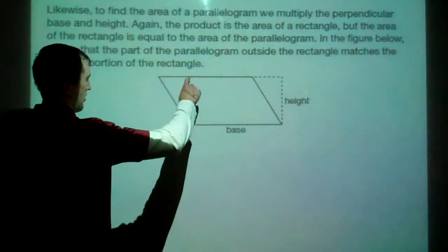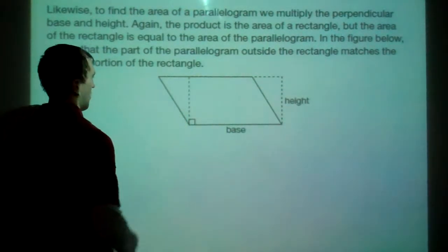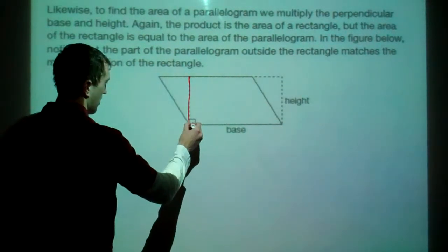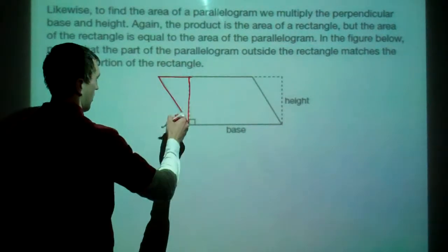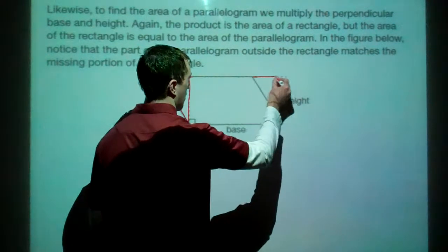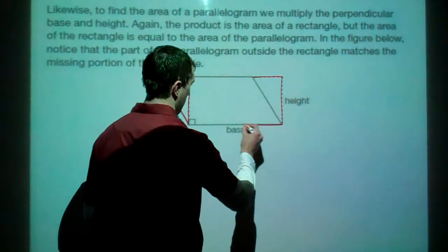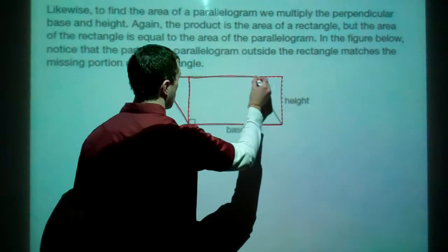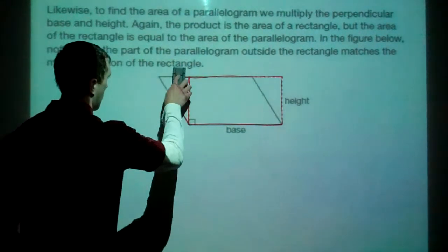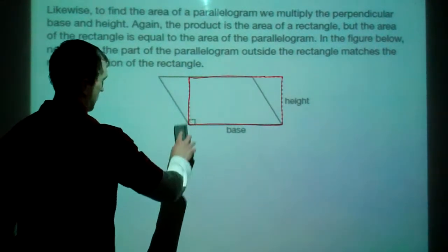If I took this piece right here, the triangle, and I cut it off and put it over here, we would have just a rectangle.